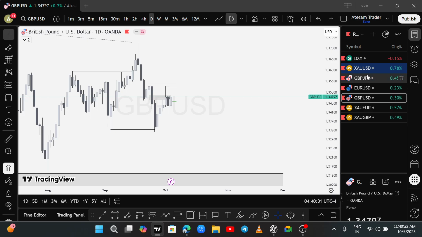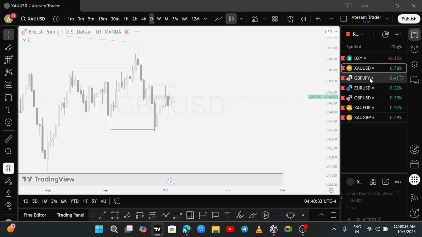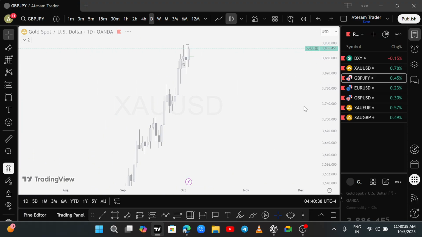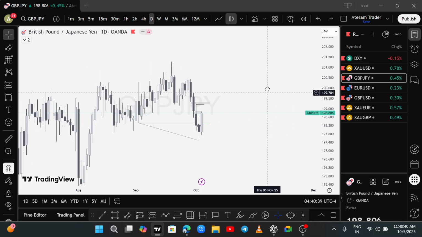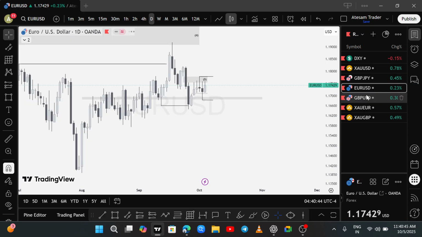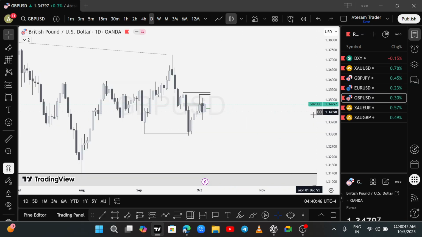These two pairs I will look to take trade on the Monday. Gold, I have bullish buys toward this high. GBP JPY, same bullish buys toward this high. Euro USD will wait. GBP USD also ranging. I will wait. And yeah, these two pairs I am looking for Monday.